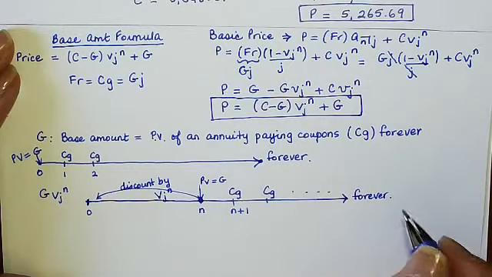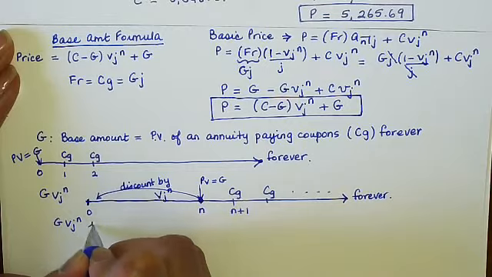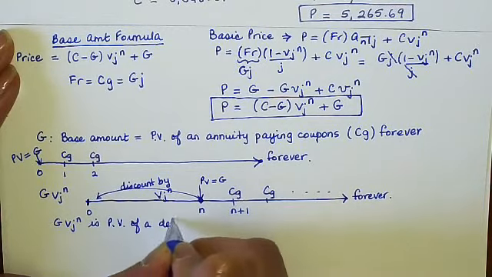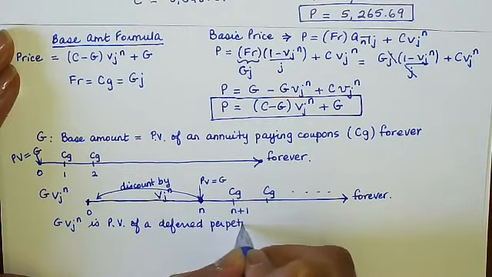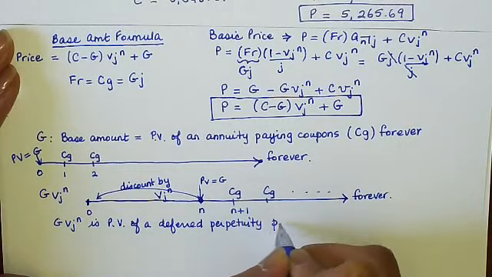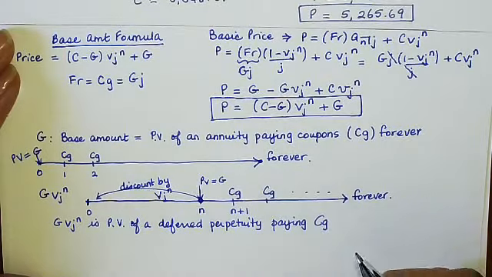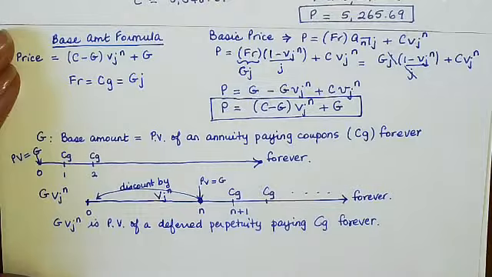So that GVj to the n is the present value of a deferred perpetuity paying CG forever.